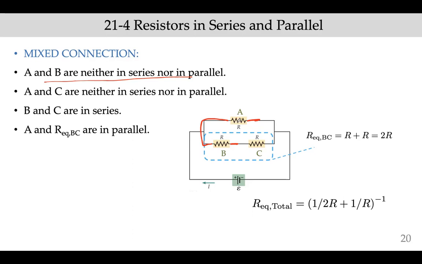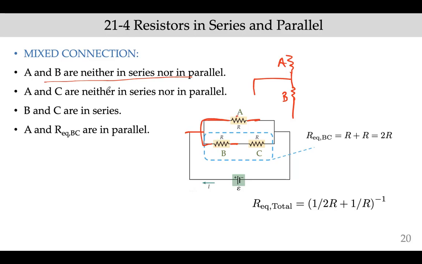Are they in series? Well, look here. They're connected, but there's another wire that comes out in between. So think of this as A, and this is B. They're connected, but there's another wire that comes out and it's connected to another thing, which is the battery here. Because of this, they are not in series either.